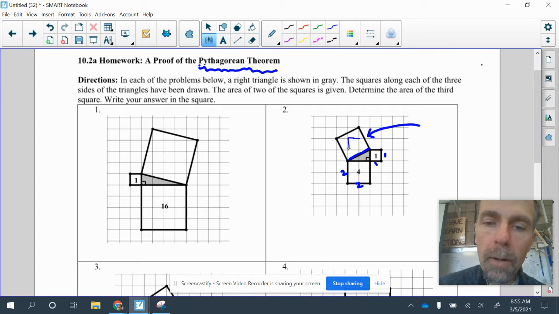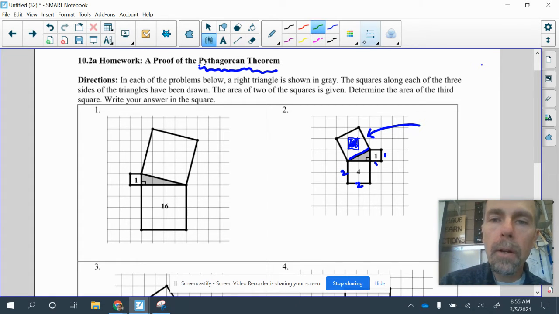If I were to do this, I would just say, well, there's 1 square right there. There's 1. And then you could look at the other pieces and say, if I just look at this piece, it's almost 1.